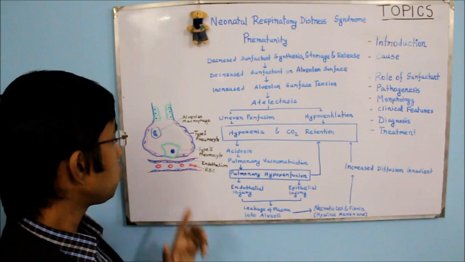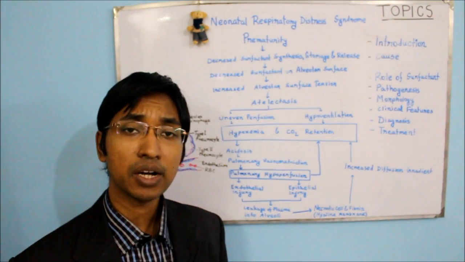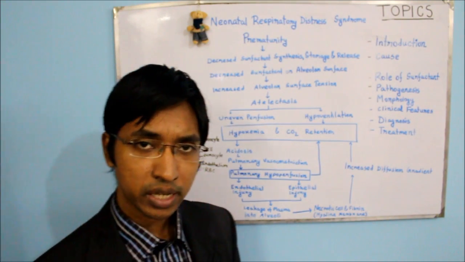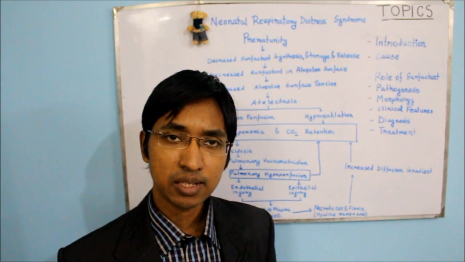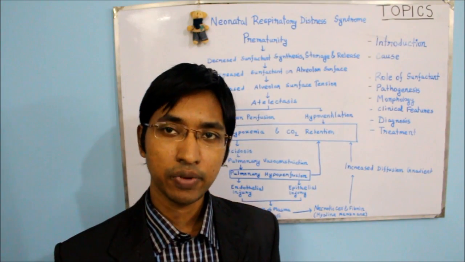So type 2 pneumocyte will release surfactant, and the main function of surfactant is to reduce the surface tension of the alveoli. And in your exam, the examiners are very fond of asking the composition of surfactant.